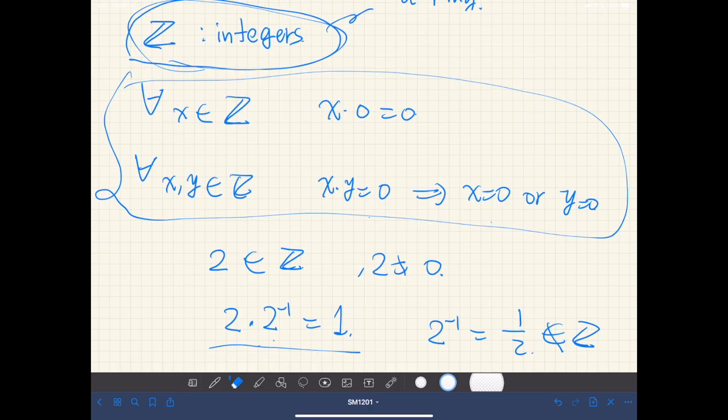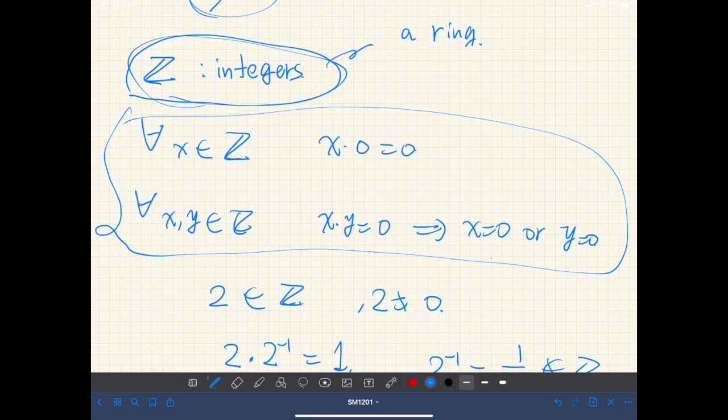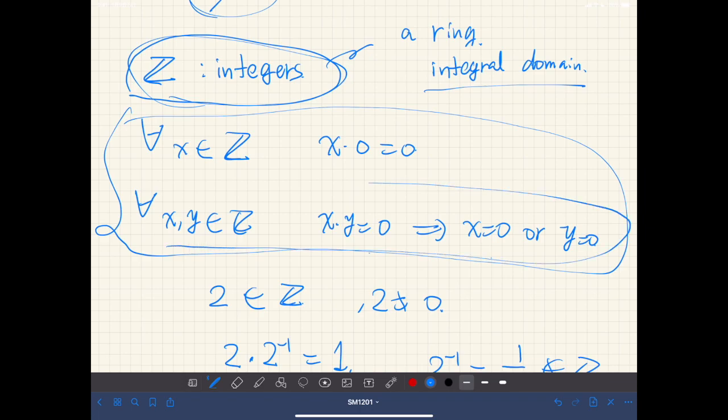And in particular, integers are a special type of ring called an integral domain. An integral domain is a ring that satisfies this property. If the product of two elements is equal to 0, then at least one of the elements is 0.